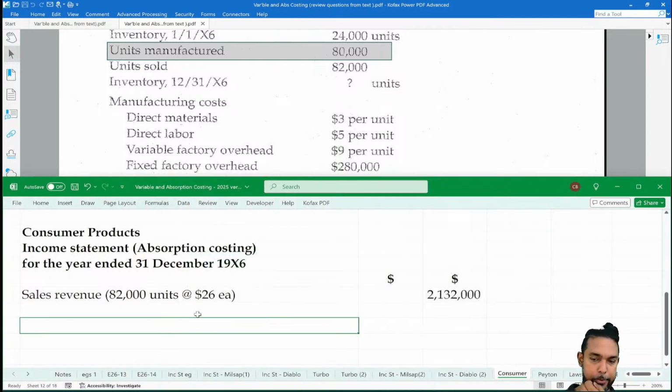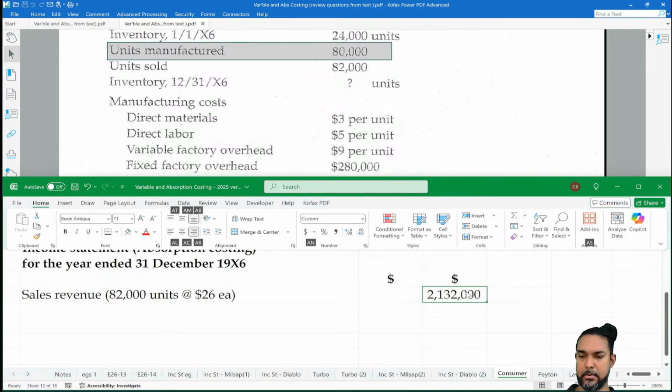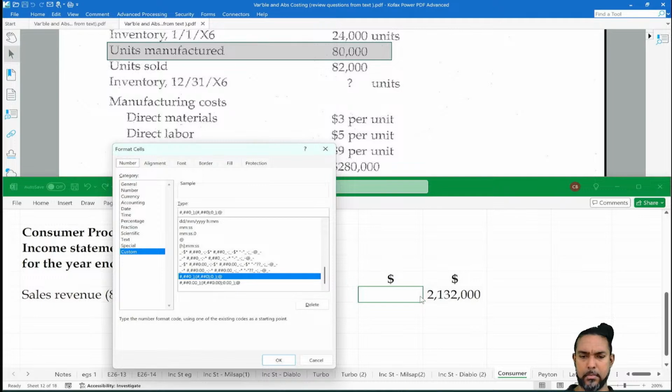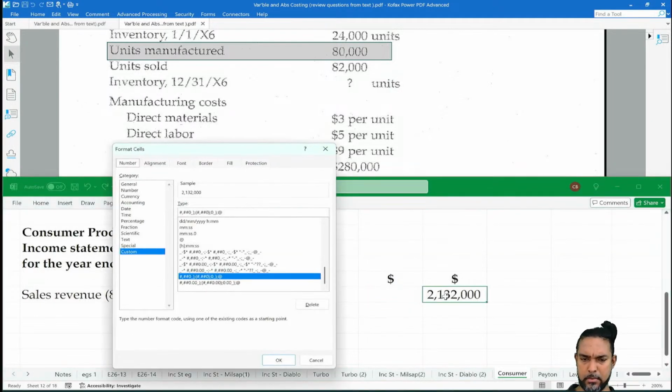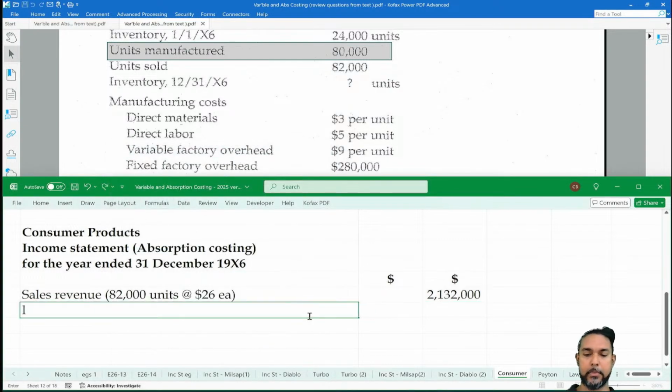Okay, cool. There we go. Hold on. Is this centered? They're kind of far from that side. Okay. All right. Cool. So less cost of sales.